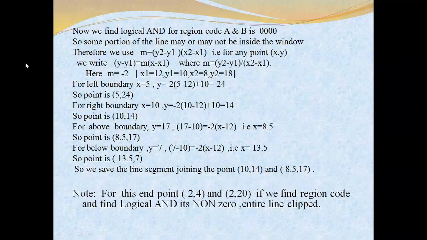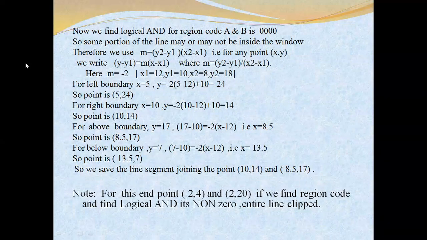Here 5 is less than or equal to x min, and 24 is not less than or equal to y max, so I reject this point. For 10, 14: 10 is greater than or equal to x min and less than or equal to x max, and 14 is greater than or equal to y min and less than or equal to y max, so it is accepted.